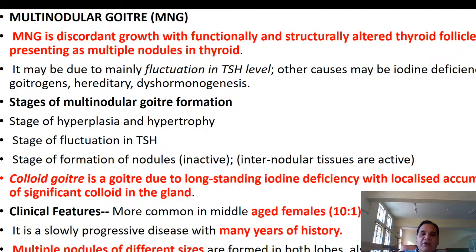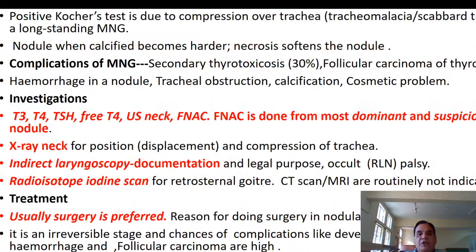Other causes: iodine deficiency, goitrogens and hereditary. So what are the stages? Same: hyperplasia, fluctuation and nodule formation. This is long-standing iodine deficiency. Many of them are of different sizes, and a sudden change in size signifies malignant transformation or hemorrhage.